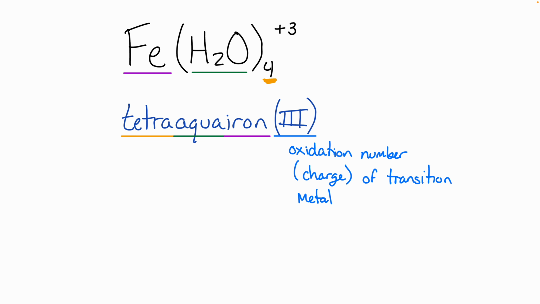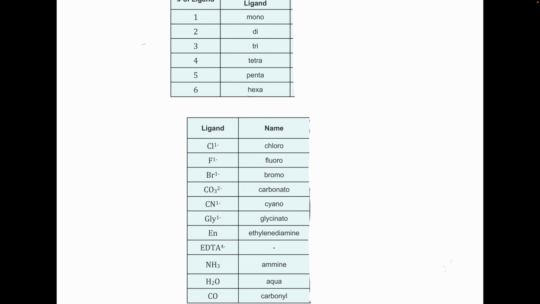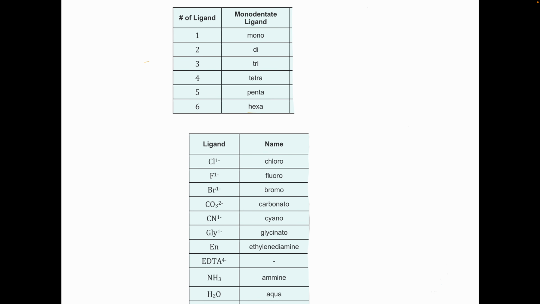We're going to do another example with a neutral ligand, but let me just show you these 2 charts here. That first part of our name was the number of ligands. That's what this chart here is for.